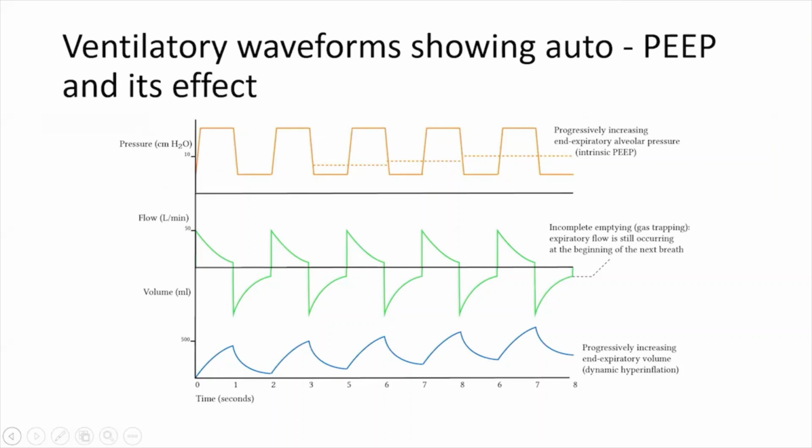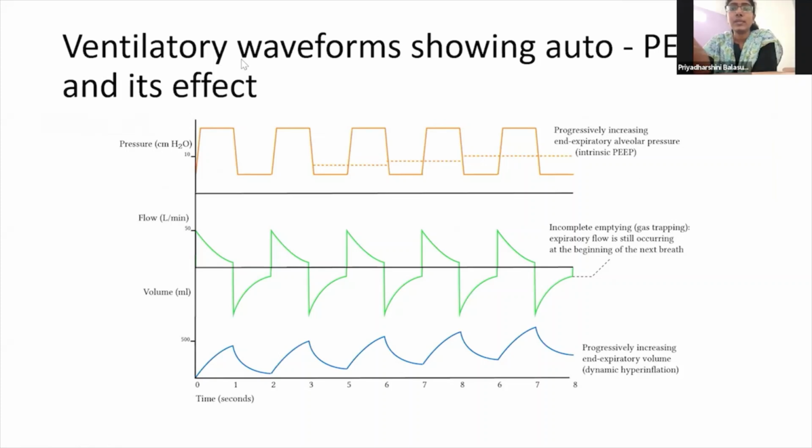Okay. Yes, ma'am. The first one is the pressure time scalar, the second one is flow time, and the third one is volume time scalar. So in the pressure time scalar, we could see the solid lines as the set PEEP, and the discontinuous lines as the PEEP getting accumulated because of auto-PEEP, which is increased by the effect of auto-PEEP.